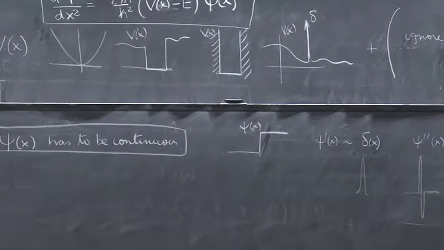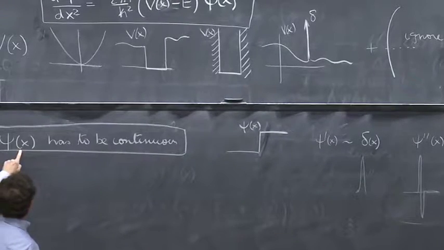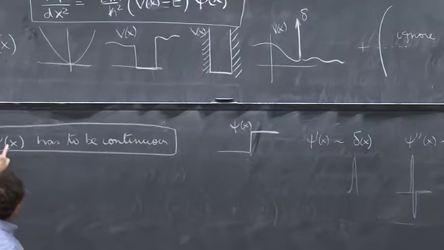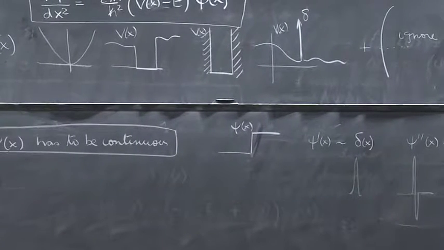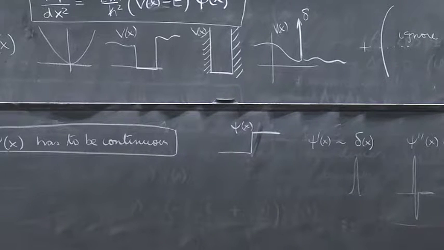On the right-hand side, the worst thing that could exist is a delta function in V of x. But the derivative of a delta function doesn't exist, so you cannot afford to have a psi that is discontinuous. Psi has to be continuous. There are other ways to argue this. I might put them in the notes, but I'll leave it like that.